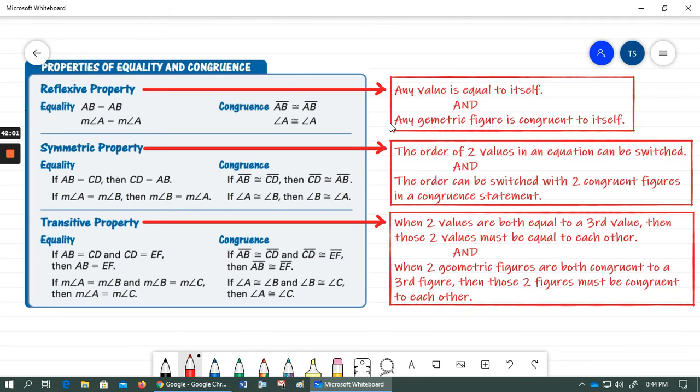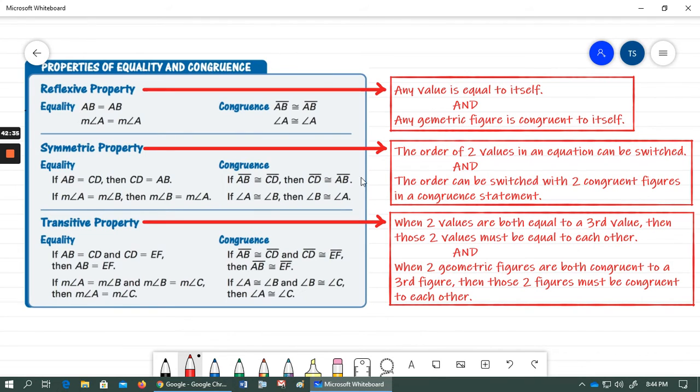So again, if we use the reflexive property as a congruence property, then what it's saying is any geometric figure is congruent to itself. So that's the reflexive property, and again, it can be used as a property of equality if it's setting the same value equal to itself, or it can be used as a property of congruence if it is saying that a geometric figure is congruent to itself.